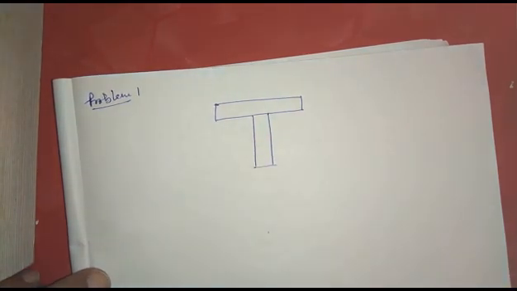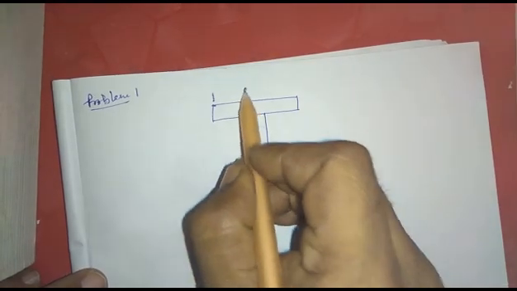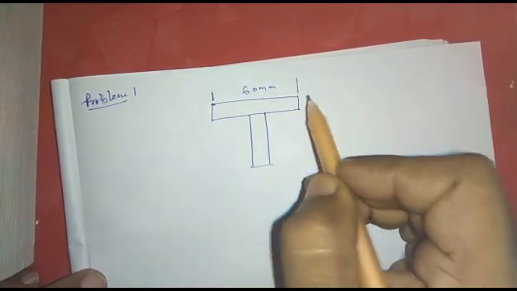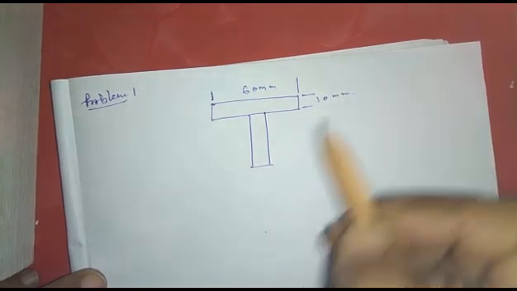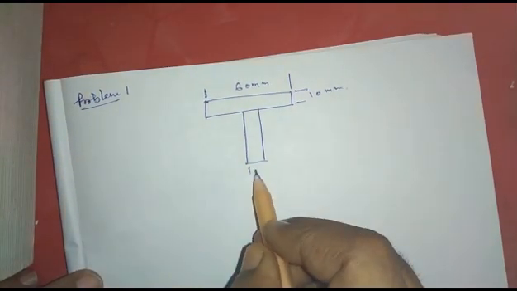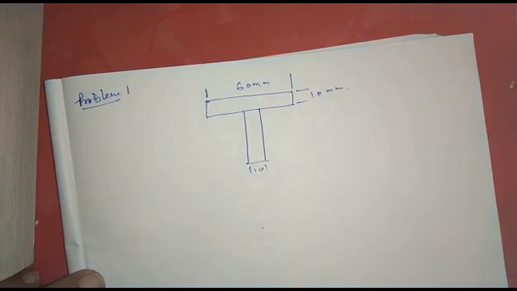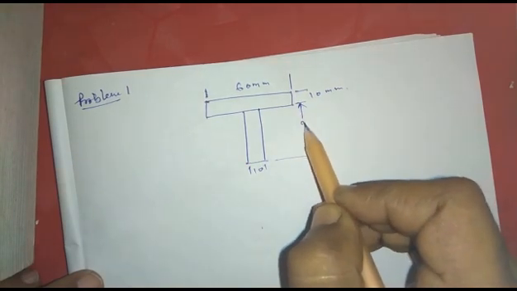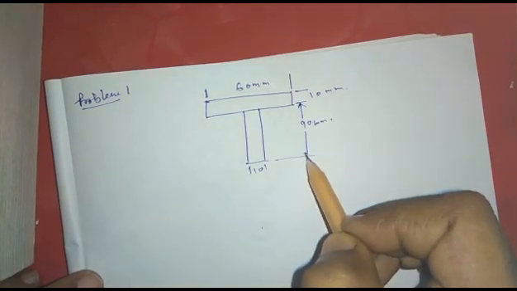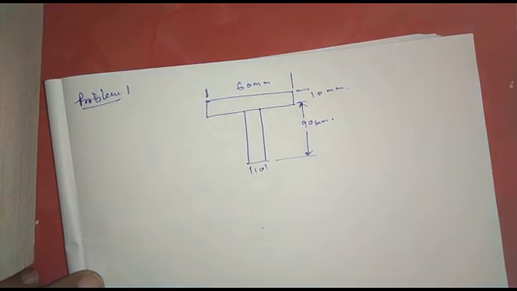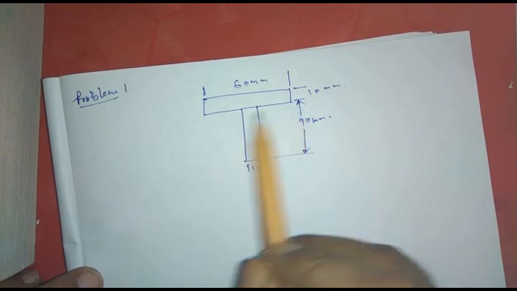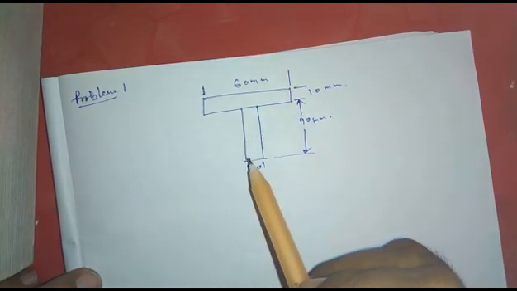It looks like a T. Dimensions are given, say this is 60 millimeter, this is 10 millimeter, this is also 10 millimeter, and this distance is 90 millimeter. So we can think of this T as a combination of two separate rectangles.